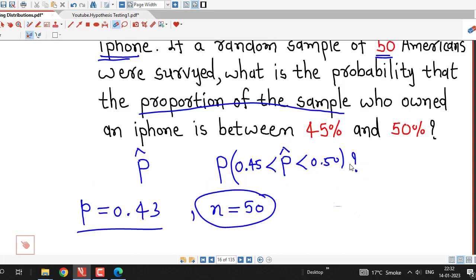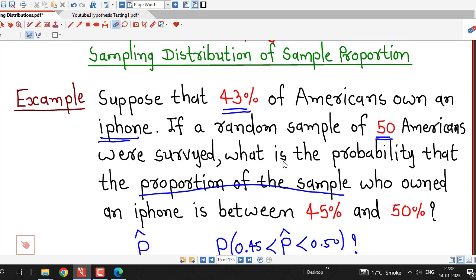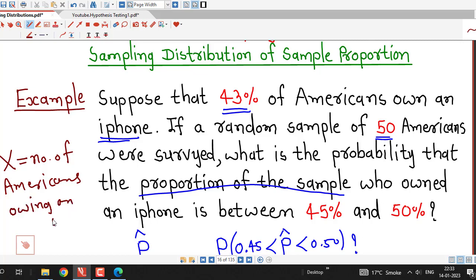If we consider the characteristic of owning an iPhone, and let capital X equal the number of Americans owning an iPhone, then capital X is a binomial random variable.